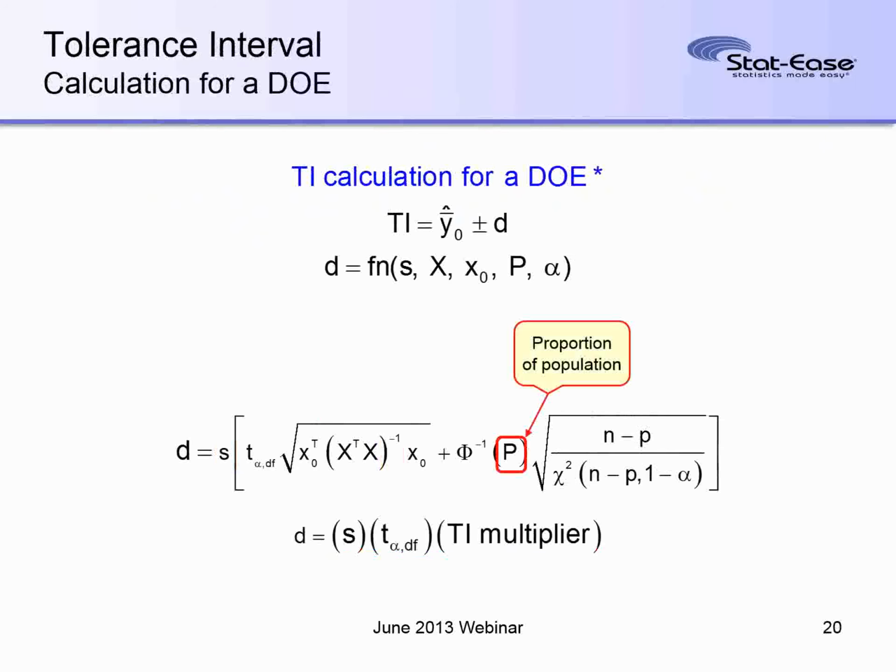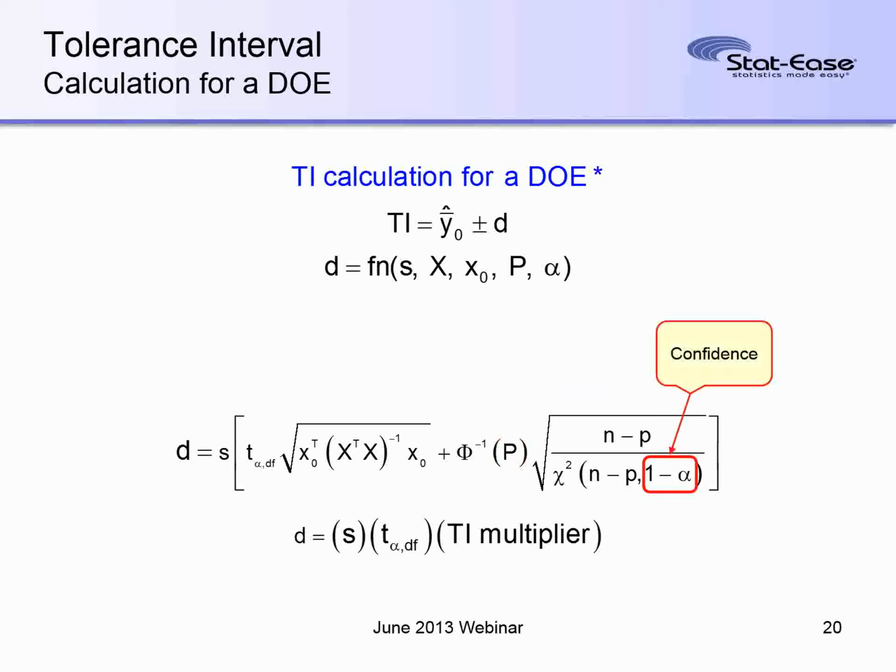And it's really a changing function to change that proportion into a normal score, which gets multiplied by a chi-square distribution to get a handle on the estimate of the standard deviation, the variance of the variance, if you will. What this results in is D, the half-width margin of error, if this is a confidence interval, is that standard deviation times some t multiplier. Oh, and don't forget the confidence.